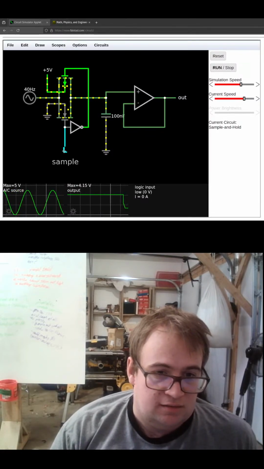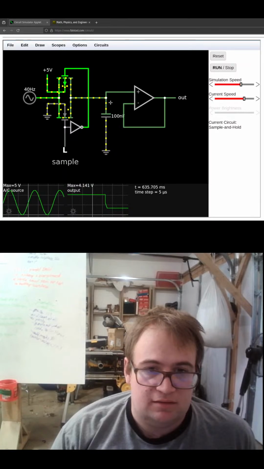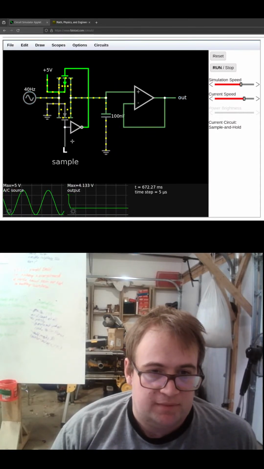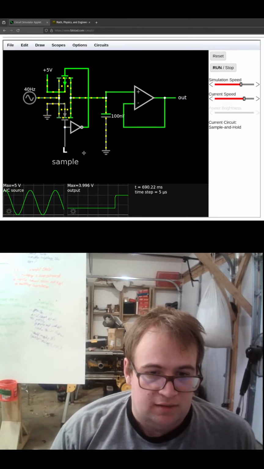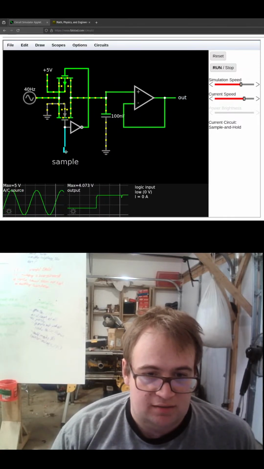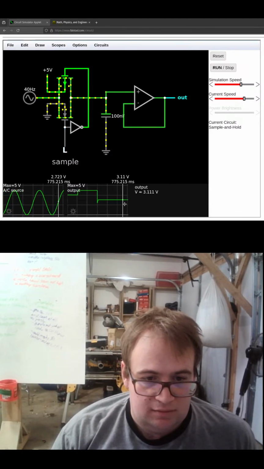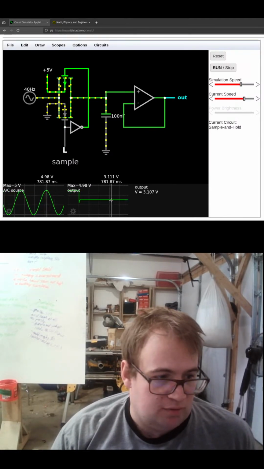So let's just do it again. There. So now you see we have changed. Again. So every time we do it, we will change some. Right at 5 volts here. 3.11 volts.